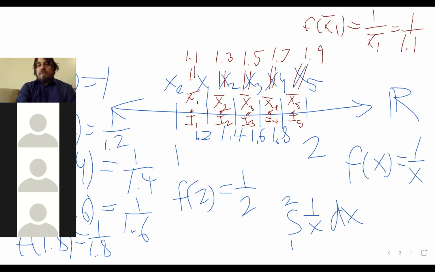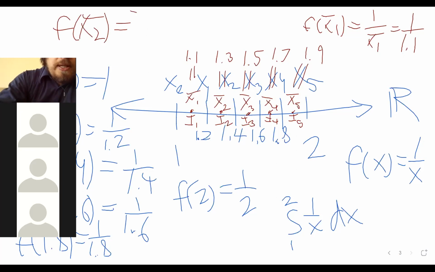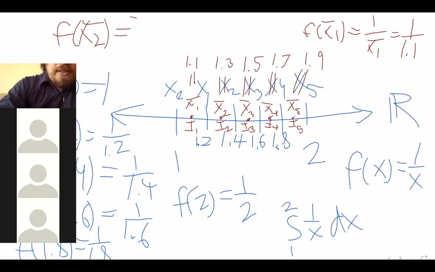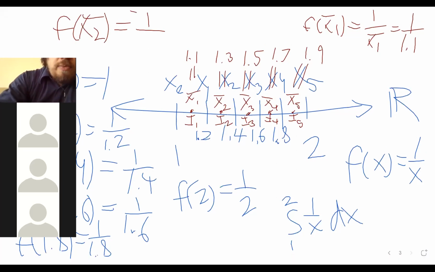Since f of x is 1 over x, the integrand here, f of x1 bar is 1 over 1.1. And then if you had f of x2 bar, it would be 1 over x2 bar, which is equal to 1 over 1.3.